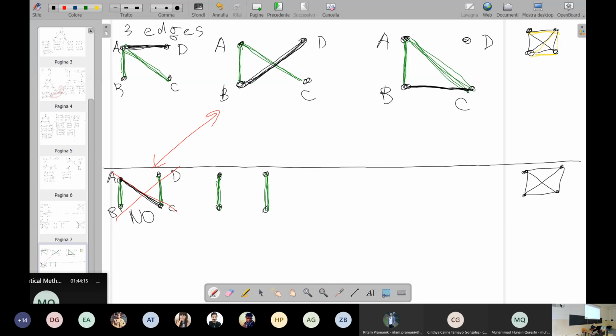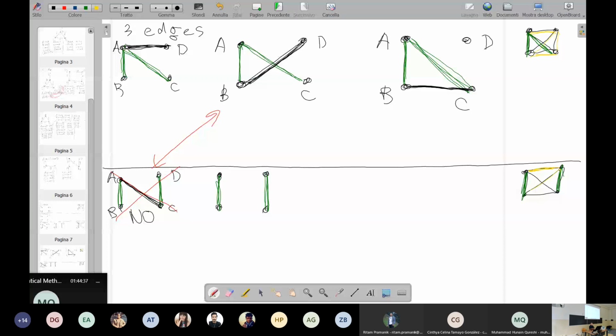So, okay, we have this, and so we have the possibility of adding, so we could add this, we could add this, we could add this, and we could add this.